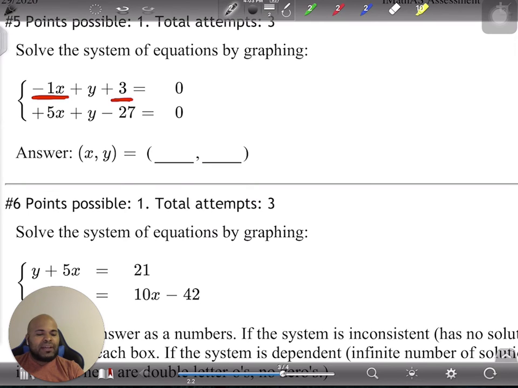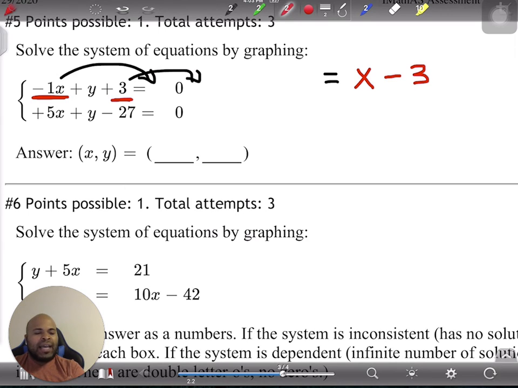So I'm going to write down my equal sign. If I move negative 1x to the right side, that's going to turn into positive 1x, or just positive x. And if I move plus 3, it's going to turn into negative 3. Y is on the left side, so it's going to stay there, and I already solved it.